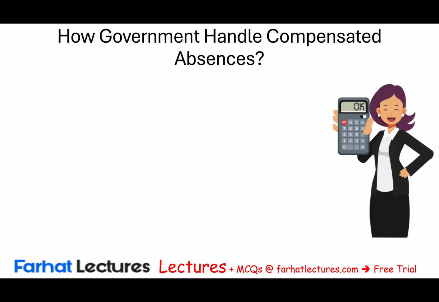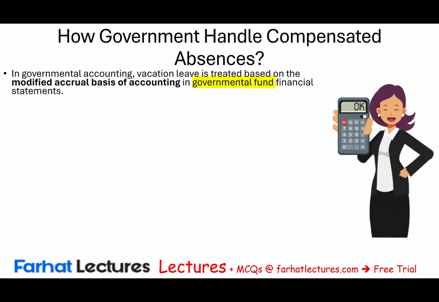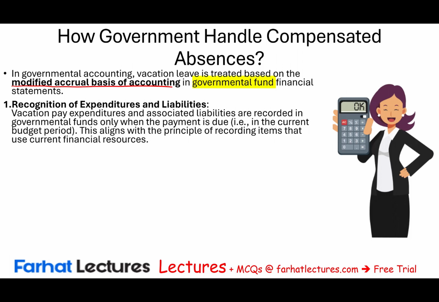So how does government handle compensated absences? Well, in governmental accounting, vacation leave is treated based on the modified accrual basis in governmental fund financial statements. What does that mean? It means you recognize an expenditure and a liability. Vacation pay expenditure and associated liabilities are recorded when the payment is due, when? In the current budget period. This aligns with the principle of recording items that use current financial resources.